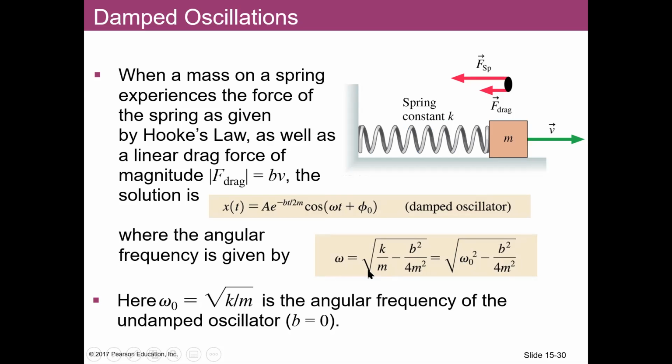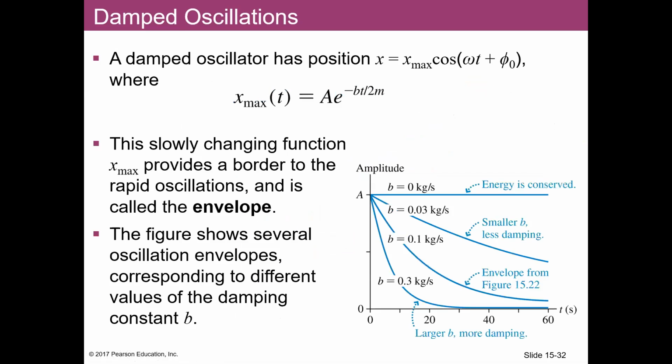That's really interesting. And sure enough, we see that for different drag constants in different examples, if the drag constant is 0, the amplitude will just be constant, and that would be no energy loss. Energy is conserved. But bigger drag constants will obviously lower the amplitude, and it'll get to 0 more quickly.